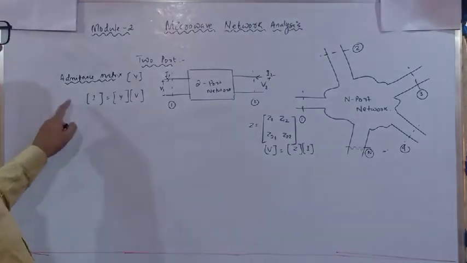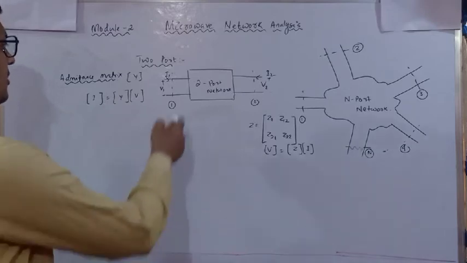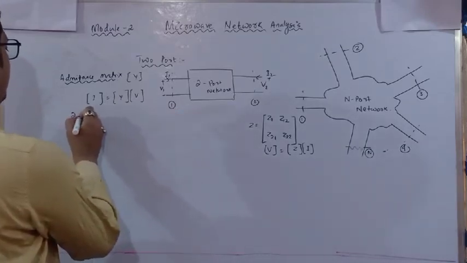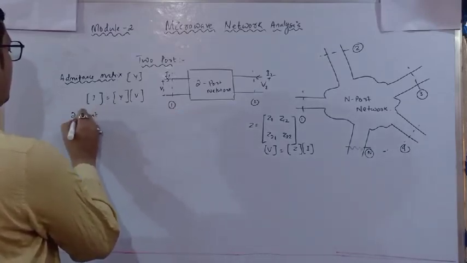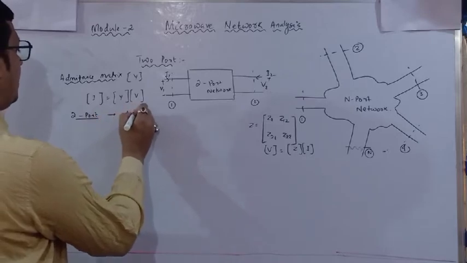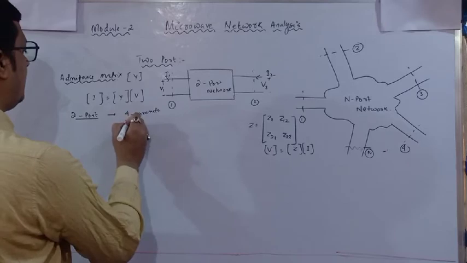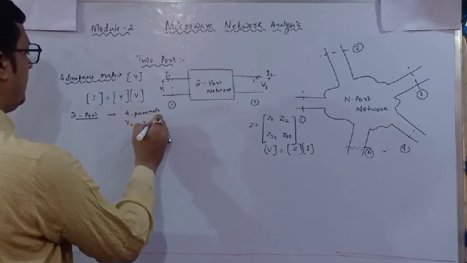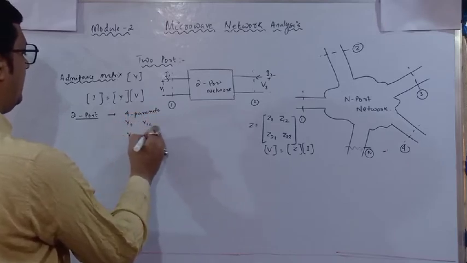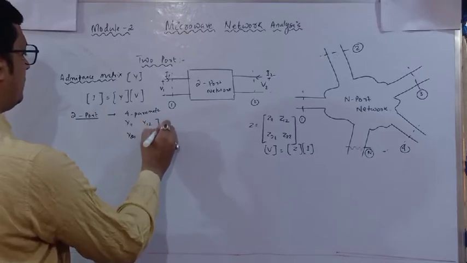Similarly, for the admittance matrix of a 2-port network, how many parameters? The total number of parameters is 4. What are they? Y11, Y12, Y21, Y22.